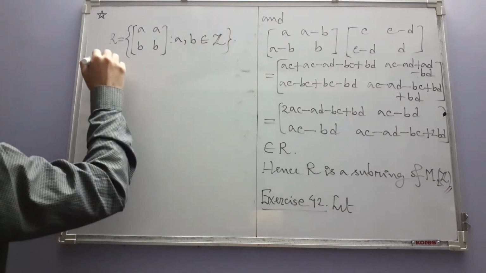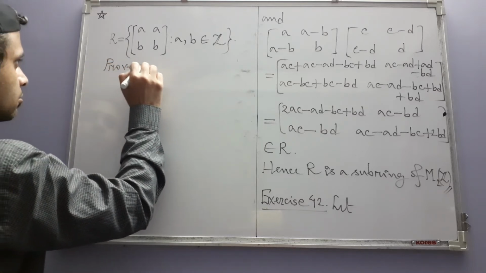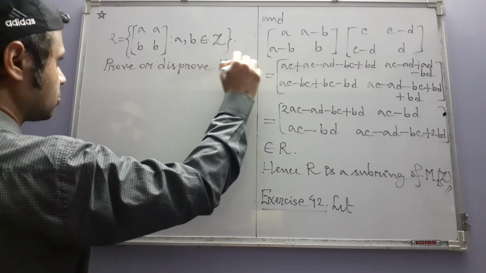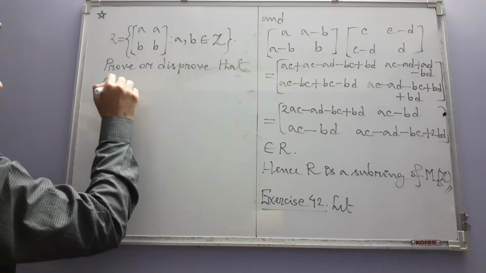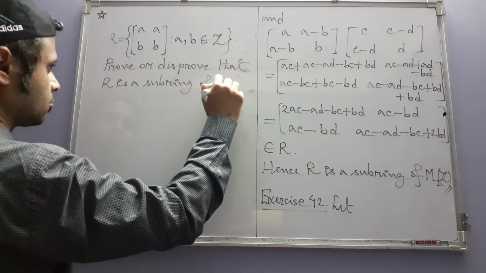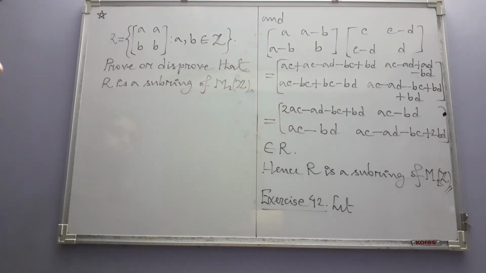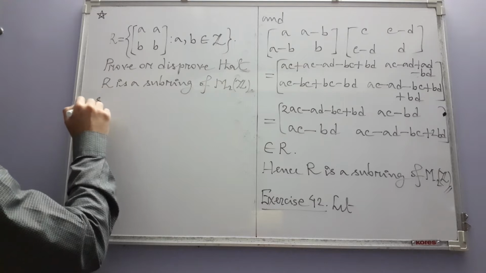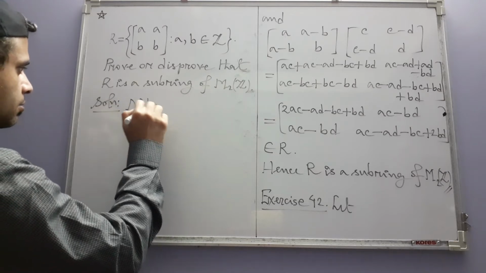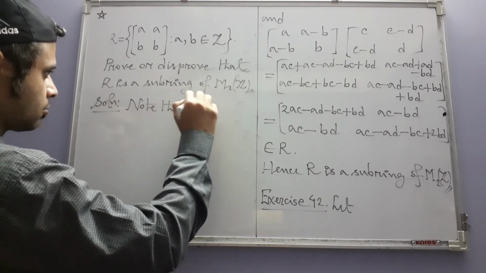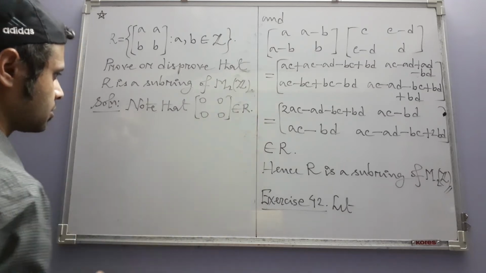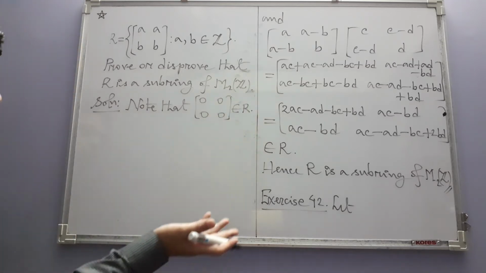Prove or disprove. Again, just like the previous solution, the 2 by 2 zero matrix belongs to R, so R is a non-empty subset. This R, however, is different from that R.